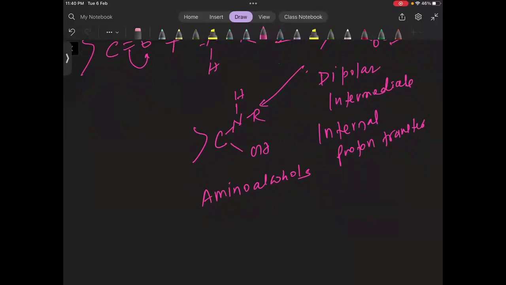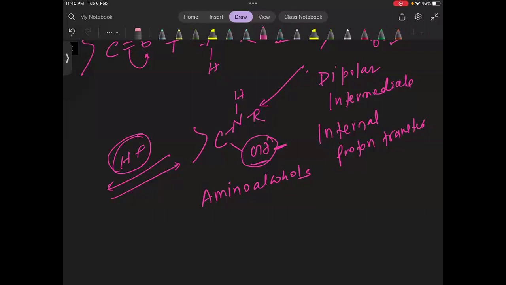Now this amino alcohol is reacted with the acid. Why have we taken the acid? Because the acid will react with the OH. OH is a poor leaving group. So this acid will generate a good leaving group from a poor one.